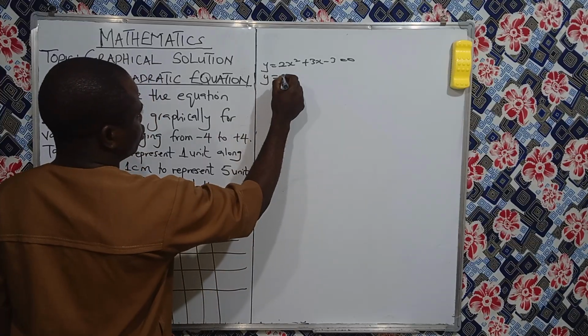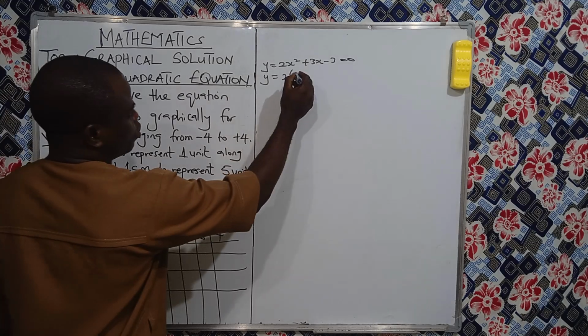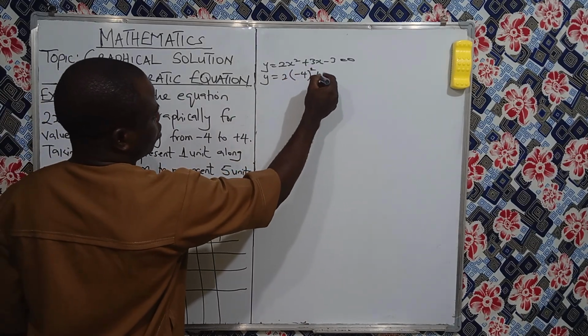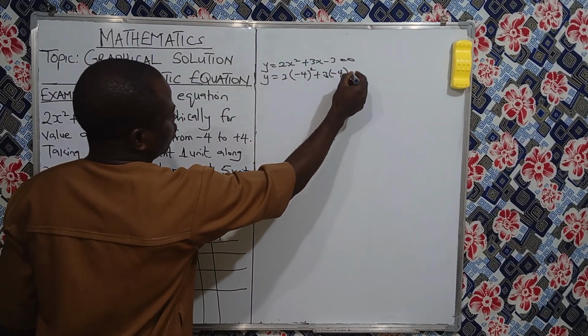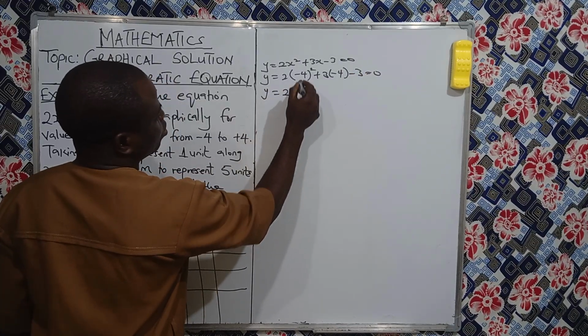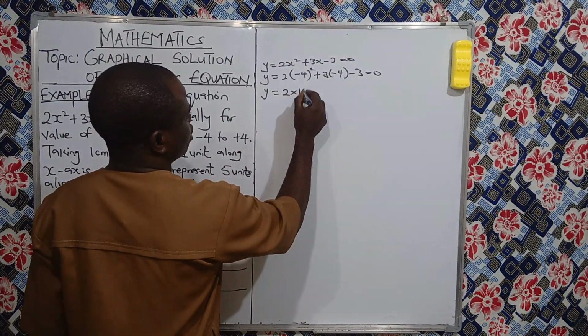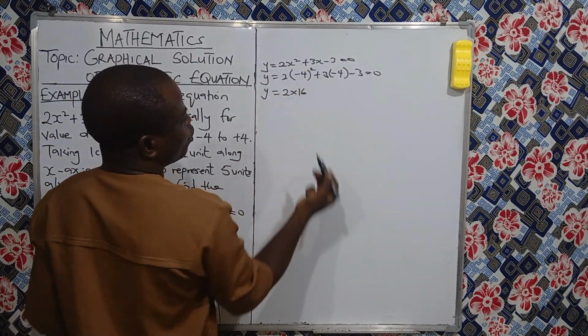And say y equals 2 into the first one, minus 4. Put minus 4 here squared plus 3 into minus 4 minus 3 equals 0. Let's see that one. y equals 2 times minus 4 squared means minus 4 times minus 4, which is 16, because negative and negative give us positive.